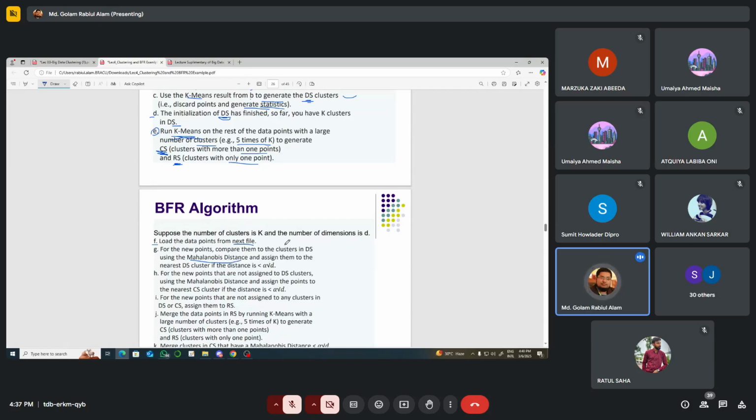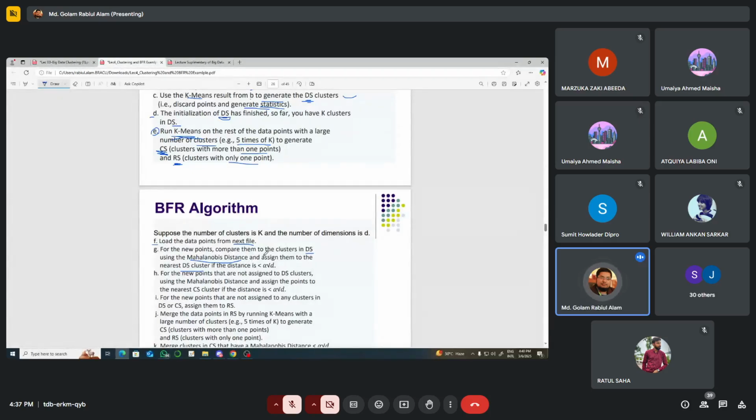That means we find the Mahalanobis distance and assign them to the nearest DS cluster. Each and every point we need to check. We need to determine the Mahalanobis distance between that point and the DS cluster.